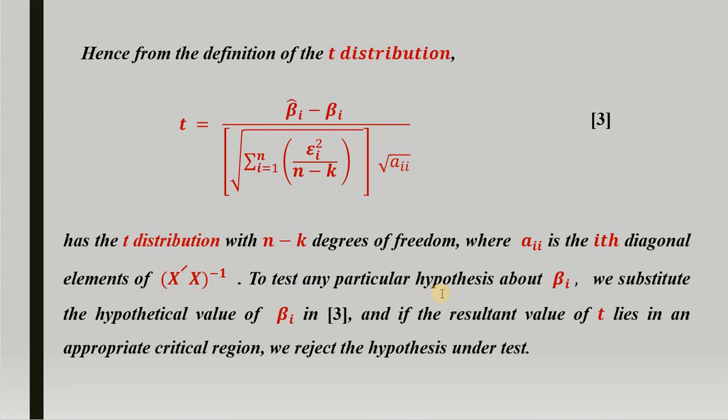So to test any particular hypothesis about beta i, we substitute the hypothetical value of beta i here, and if the resultant value of t lies in an appropriate critical region, we reject the hypothesis under test.